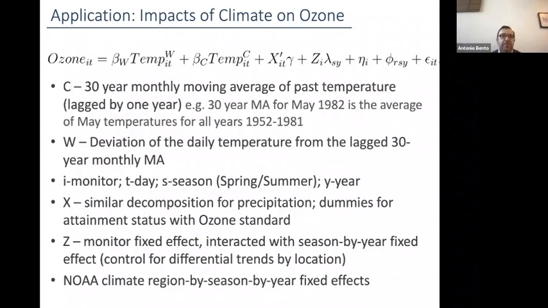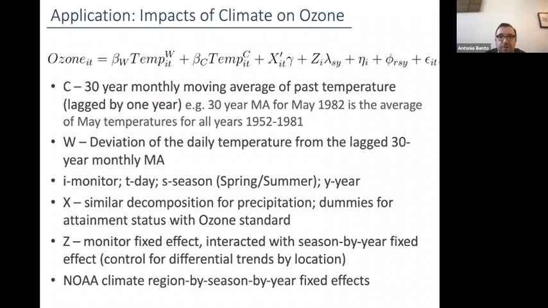So when we move into our application, what we are going to do is look at maximum ozone levels, and we are going to regress them on our measures of the decomposition of weather into shocks and trends, and then a series of additional covariates here denoted by X_it that will have similar decompositions for precipitation, as well as dummy variables to capture the regulatory pressure that is put through the Clean Air Act, both on ozone and then in the appendix on the precursors.